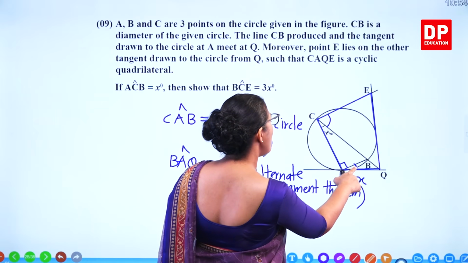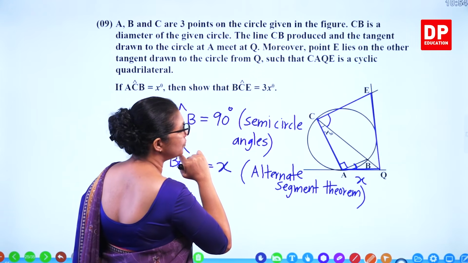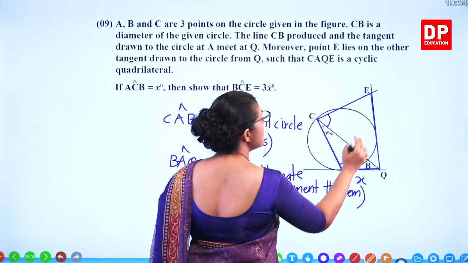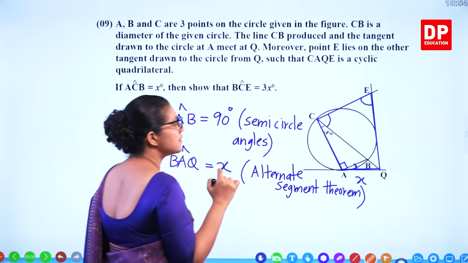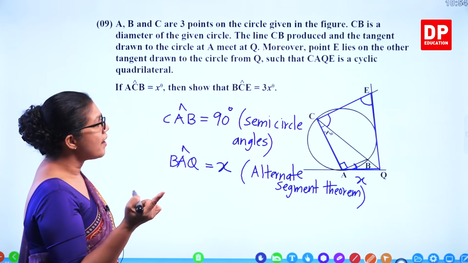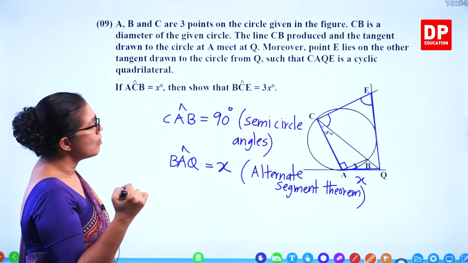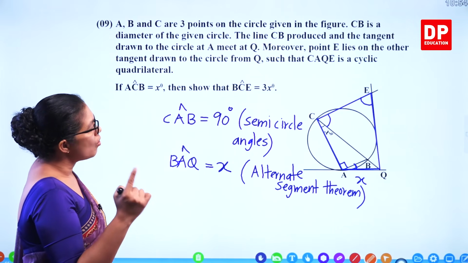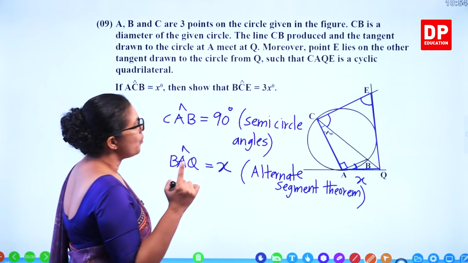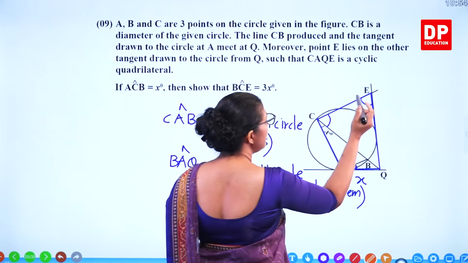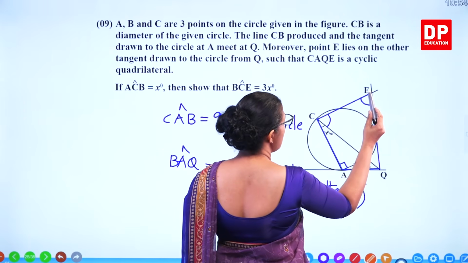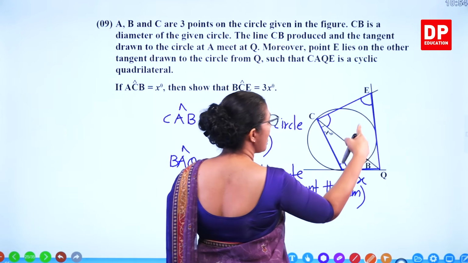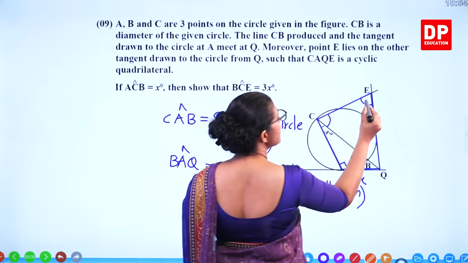And what else do we know? This part is 90 plus x. So what is this angle? Opposite angles add up to 180 for a cyclic quadrilateral, because we know CEQA is a cyclic quadrilateral. So this angle is equal to 180 minus (90 plus x).